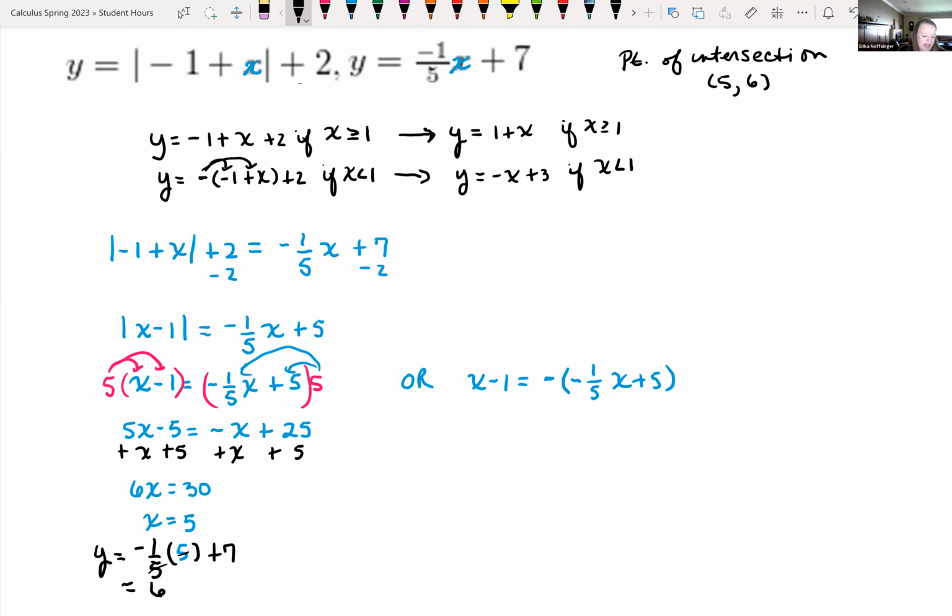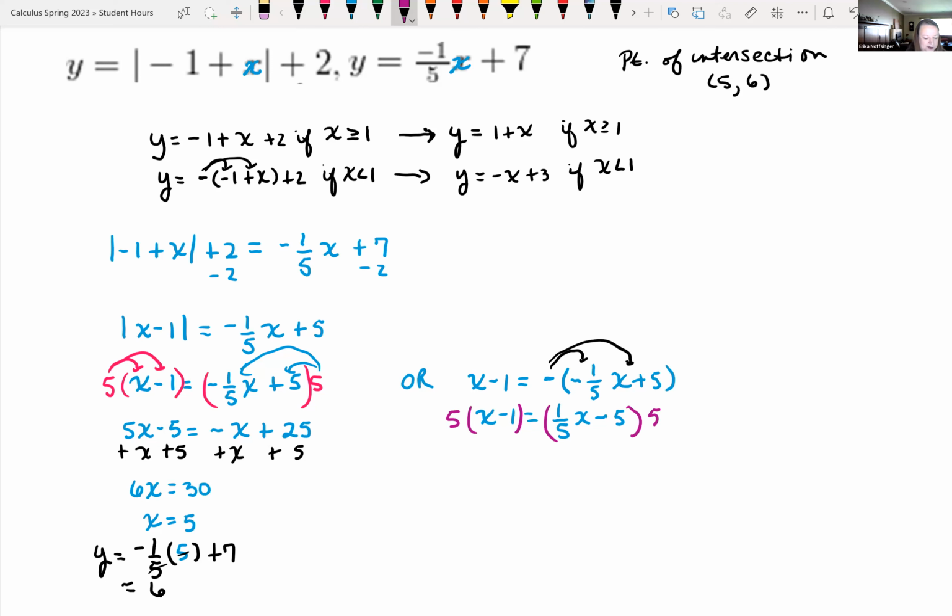Okay, so looking at that second piece and solving for x, let's distribute that negative sign. And so we would get x minus 1 is equal to positive 1/5 x minus 5. So I want to solve for x.